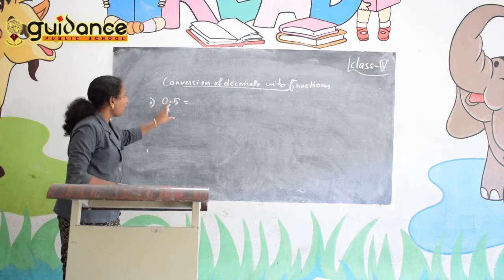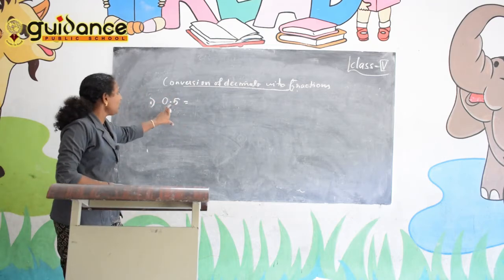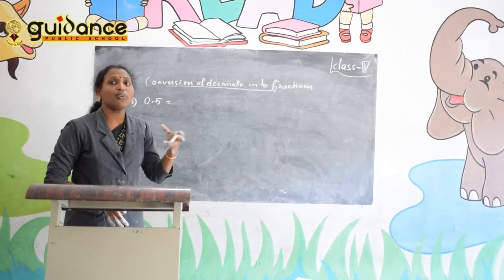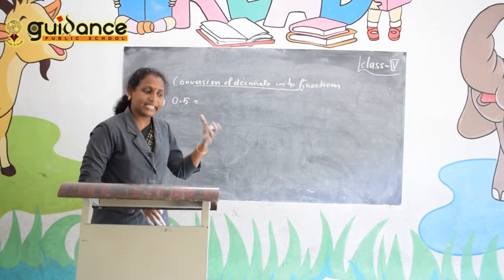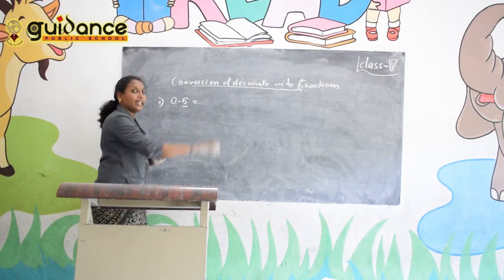0.5 means point five. First we have to count: after the point, how many digits are there? That is our first aim. Here only 1 digit.